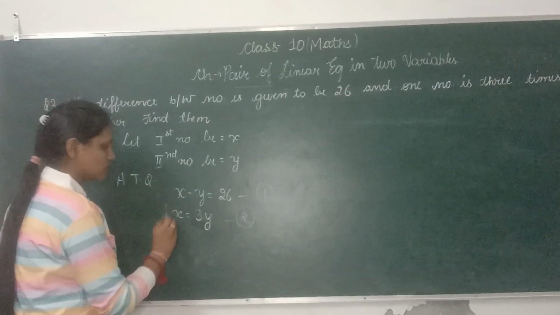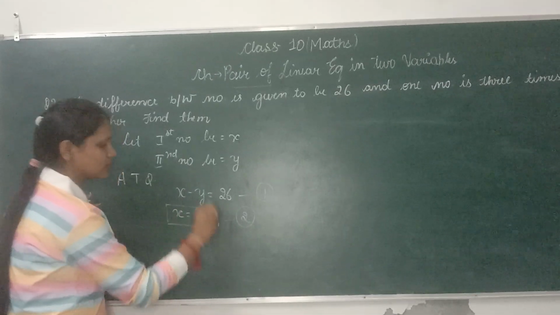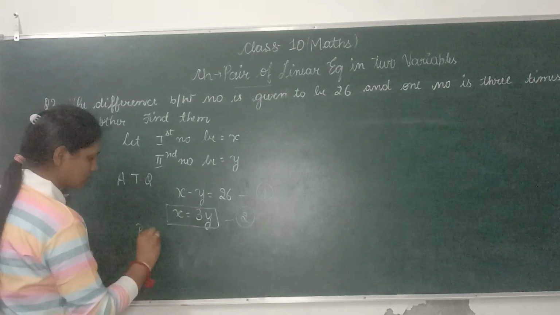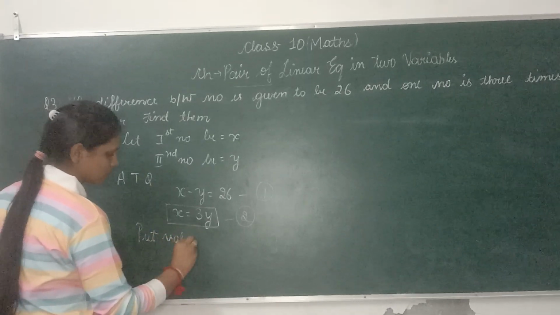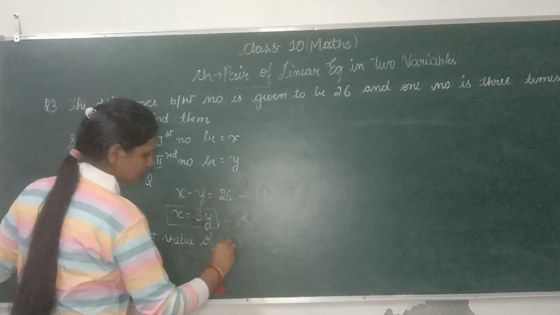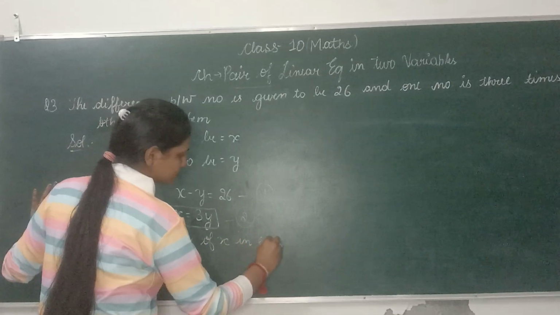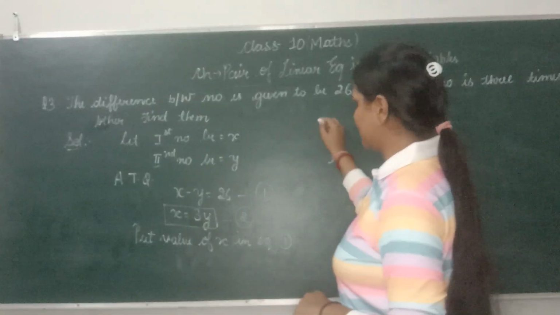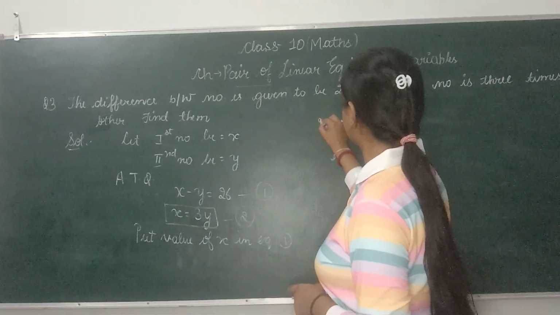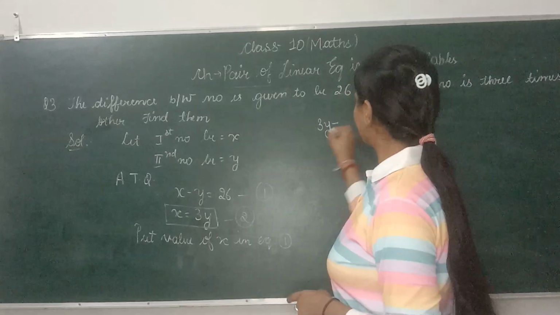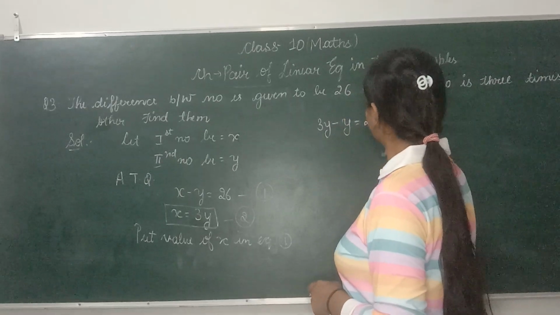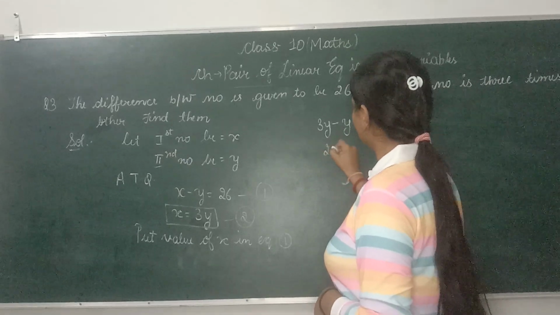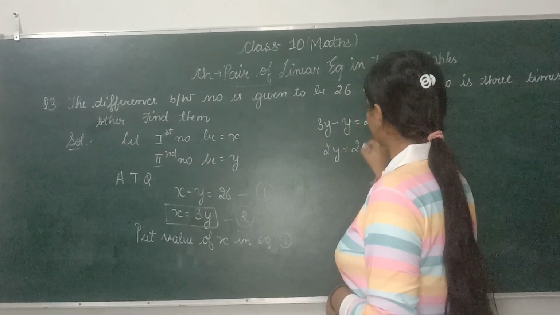From this equation you have already calculated the value of x. Put the value of x in equation 1. So by putting the value of x, 3y minus y is equals to 26. 3y minus y is 2y is equals to 26.